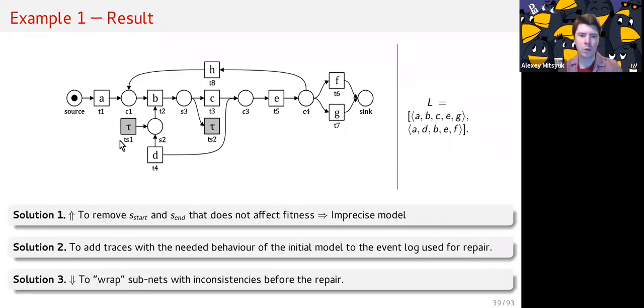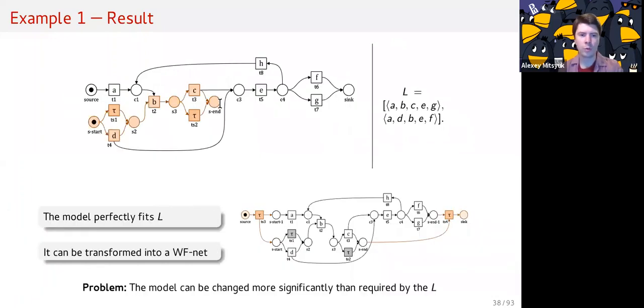The first solution is just to remove these additional constraining places, the artificial initial place and the artificial final place.